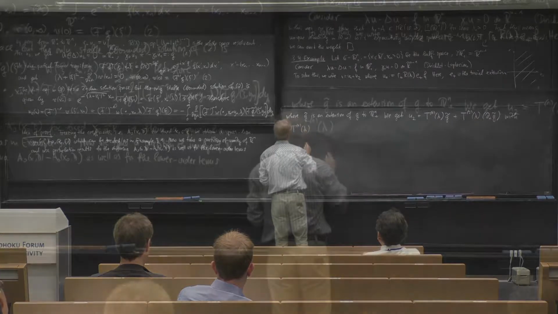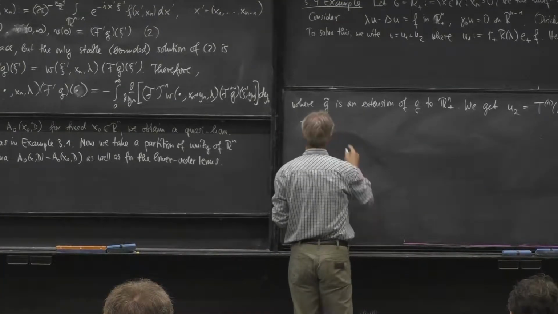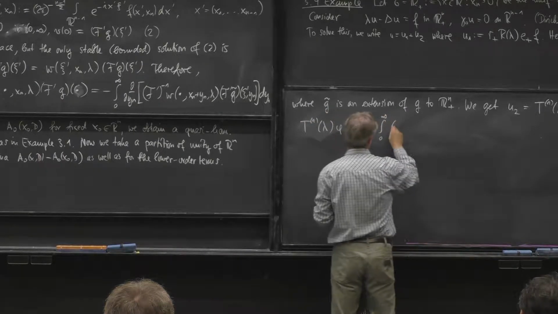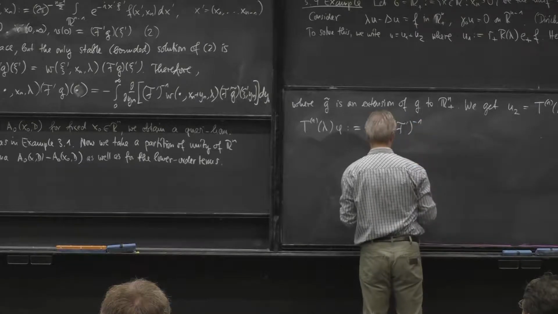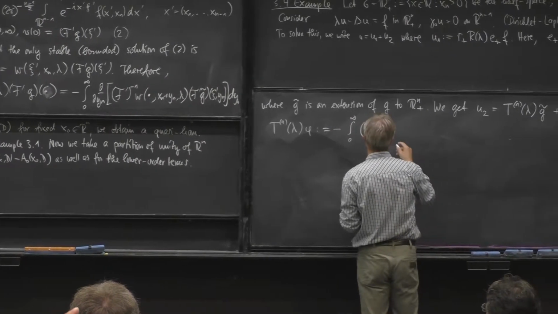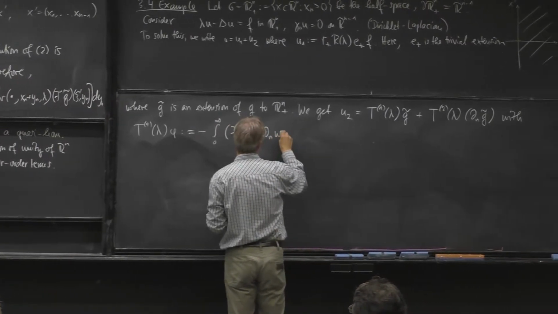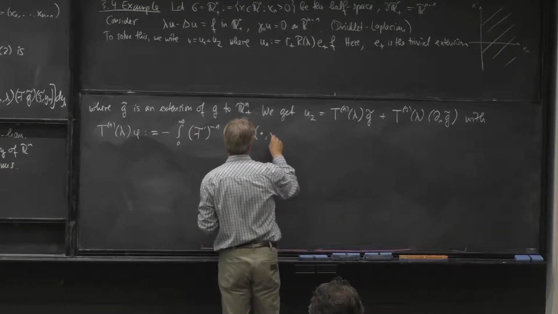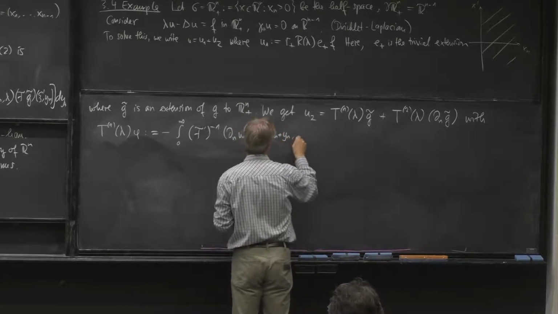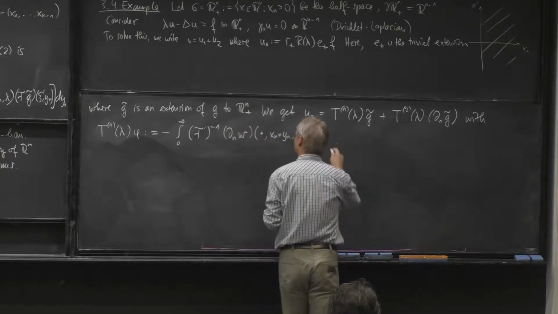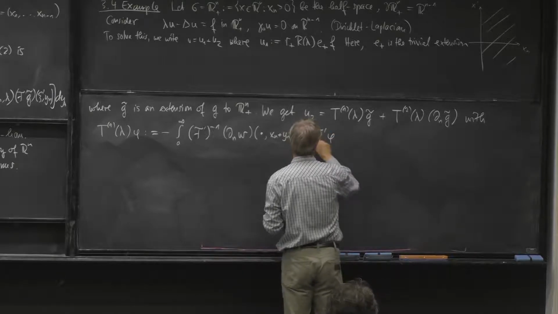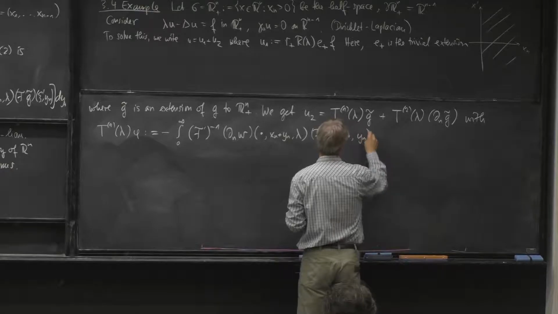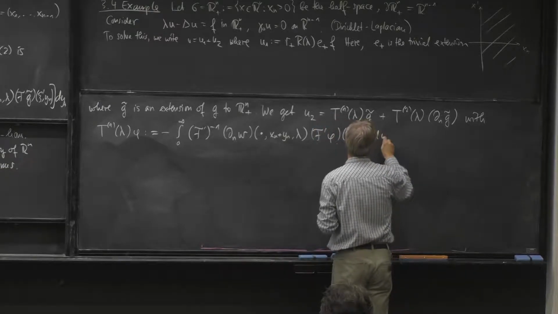So T1 of lambda, applied to some phi, is defined as minus the integral from 0 to infinity of f prime inverse applied to the partial derivative of my fundamental solution at xn plus yn, lambda, applied to f prime phi of yn, dyn.